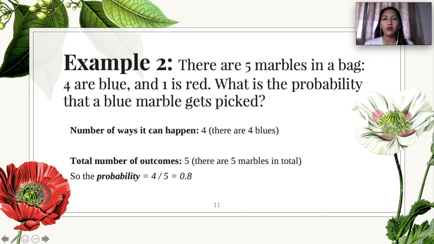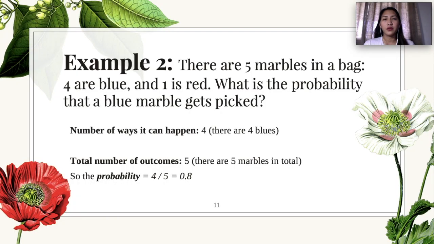Since we have 4 blue marbles and 1 red, the number of ways that it can happen is 4, while the total number of outcomes is 5, because there are 5 marbles in total. We have 4 blue and 1 red. So the probability of getting a blue marble is 4/5, or 0.8.